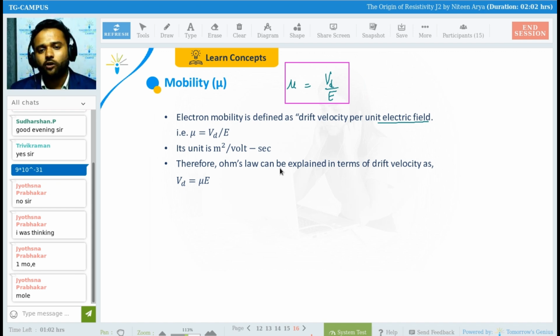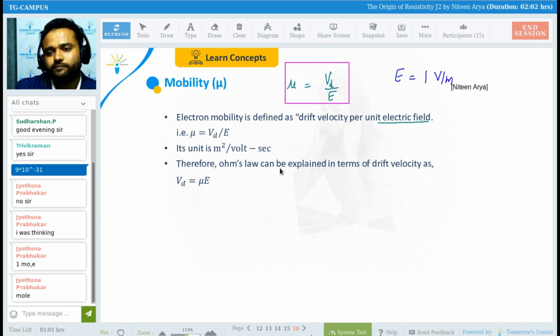Mobile means how much that particular charged particle, not only electron, in any particular material, conductor, semiconductor, or insulator, has the mobile property, the moving characteristics, whenever we apply an electric field, or you can say if we apply unit electric field, which is volt per meter.